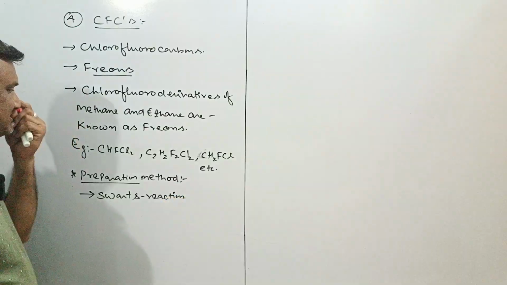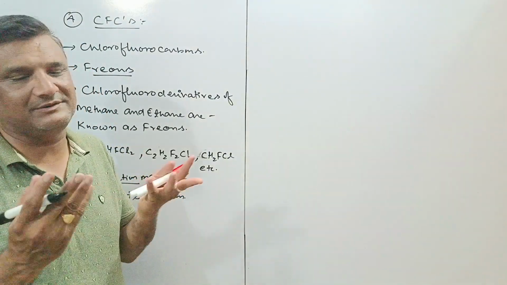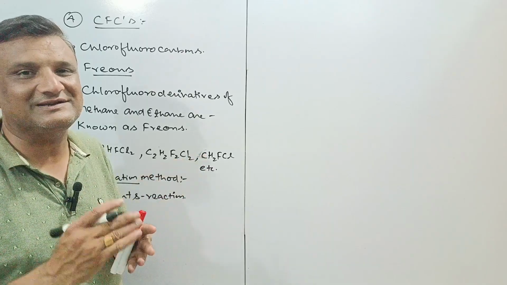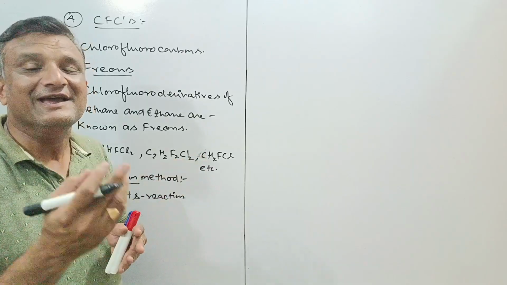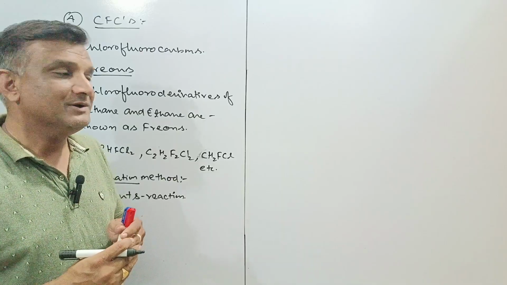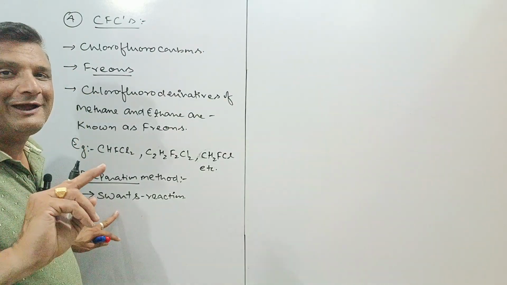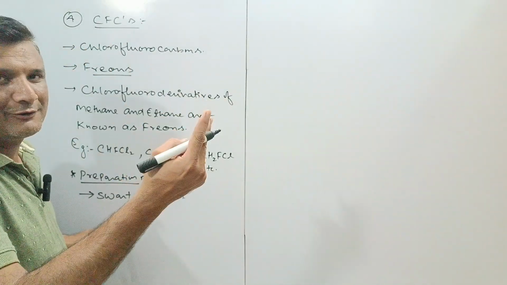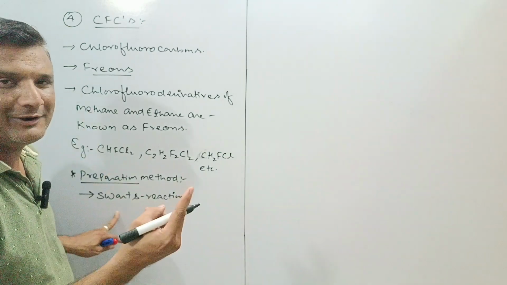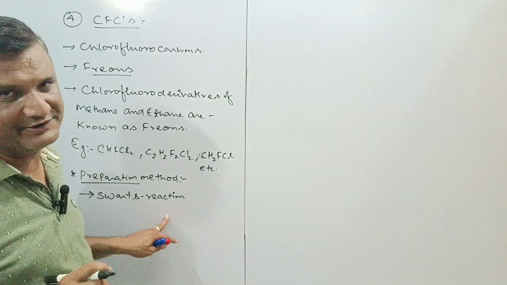If we want to get fluorine derivatives, then different substances are used, such as SbCl5, SbF5, AgF, SbCl3, and Hg2F2. If we want to change chloroalkane or bromoalkane to fluoroalkane, then we can use the Swarts reaction. We have discussed it in the previous video.